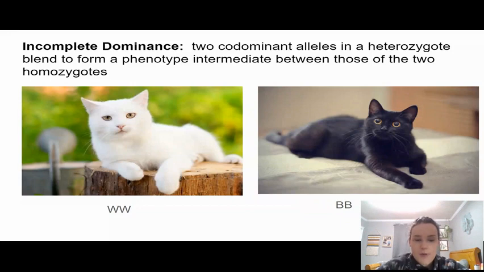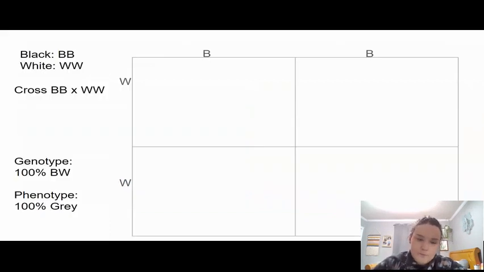So once again, we're going to breed a white cat with a gray cat. Starting off with our Punnett square, the alleles and the genotypes are going to be the same, but what is being produced, what we physically see, is going to be a lot different.